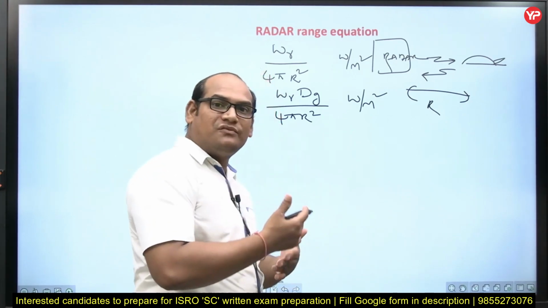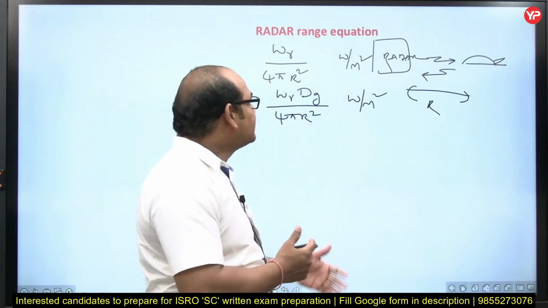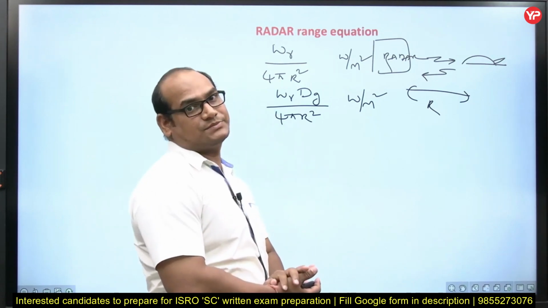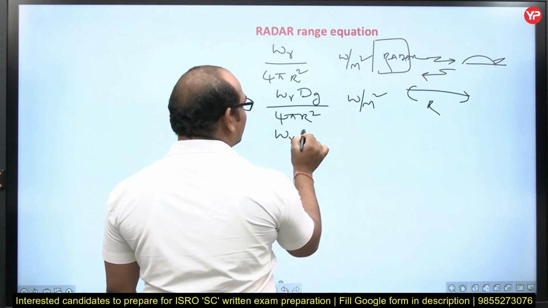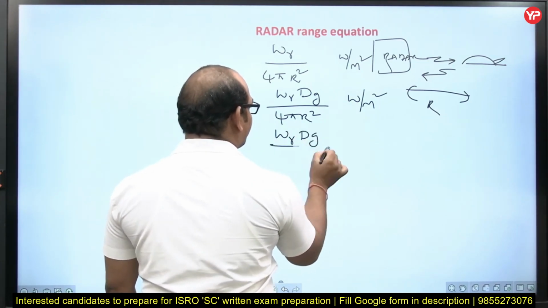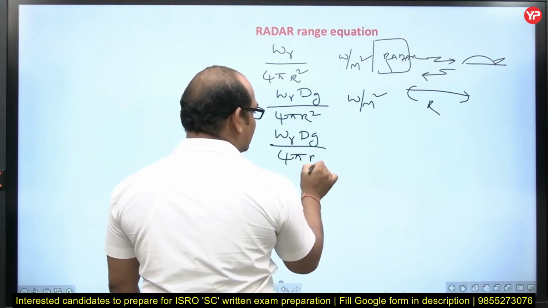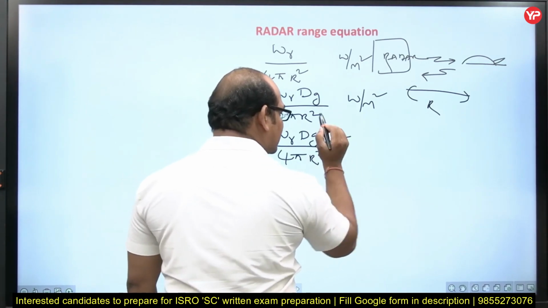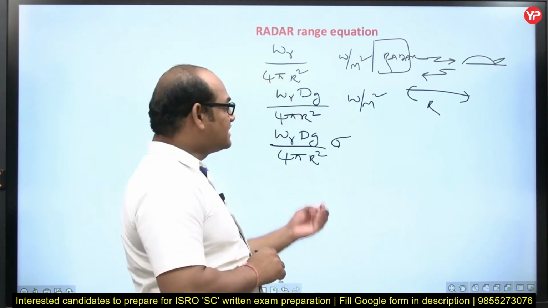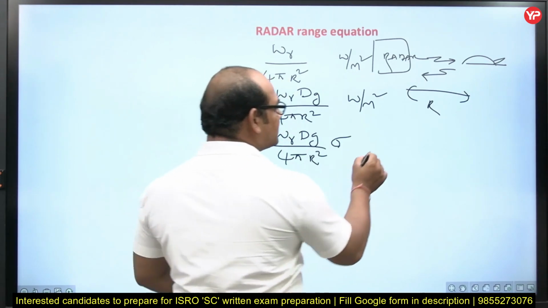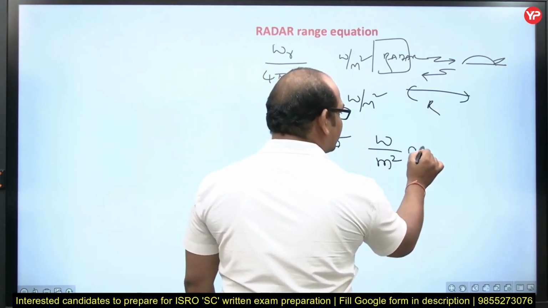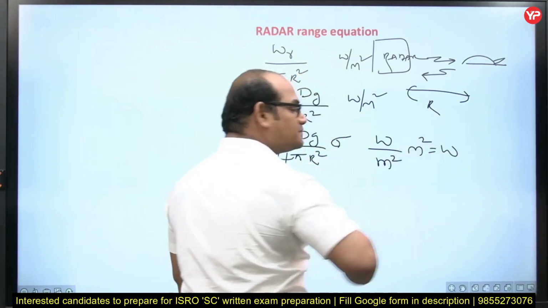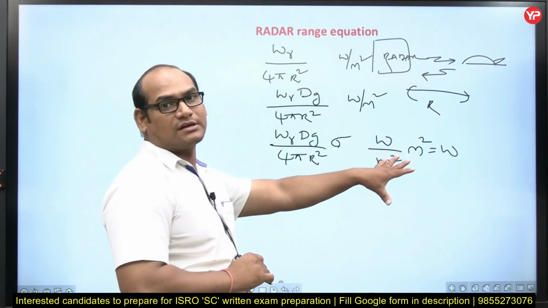A certain amount of target area is intercepted by this power density, and that is sigma. So WR Dg by 4 pi r square is multiplied by the cross sectional area, sigma. That is watts per meter square multiplied with meter square, so you will get watts, that means this is the power.